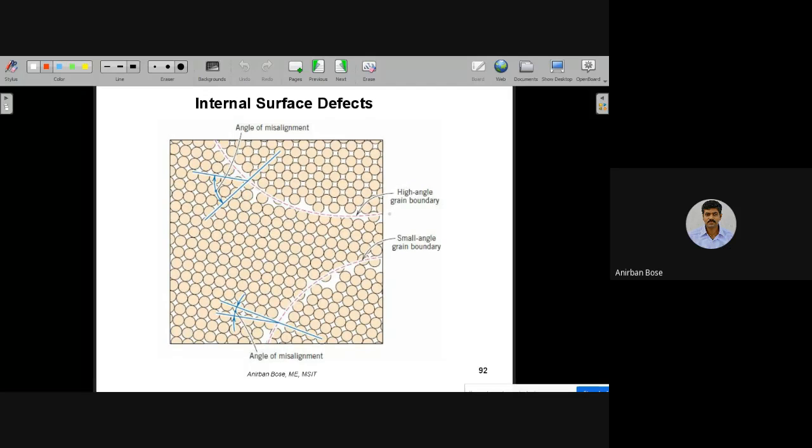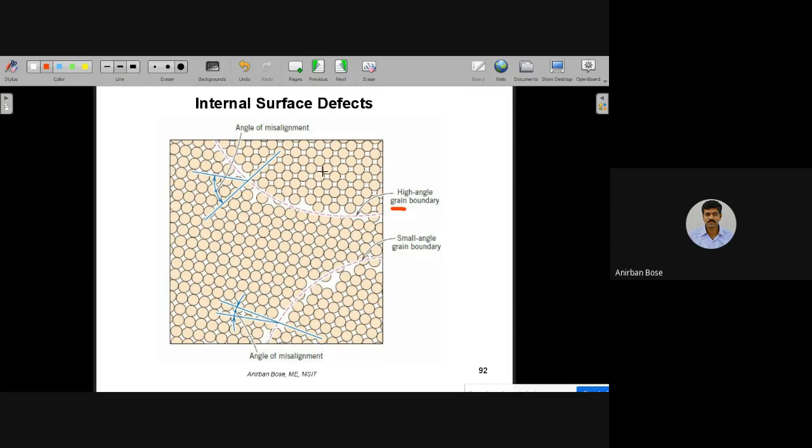But now if we see the different kinds of internal defects, the first thing that will come is basically the different kinds of grain boundaries. First of all, you have to understand what we mean by the grain, and then you will understand the meaning of grain boundary.